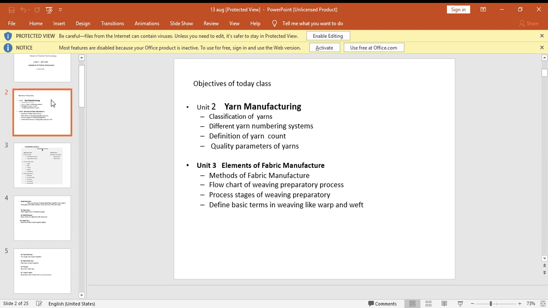In elements of fabric manufacture, we learned methods of fabric manufacture, flow chart of weaving preparatory process, then process stages of weaving preparatory, and basic terms, definitions in weaving like warp and weft.